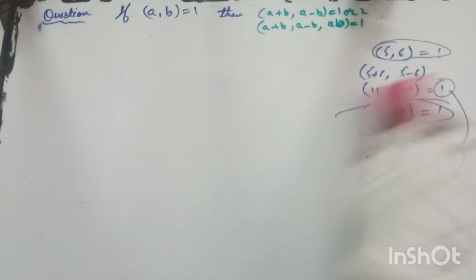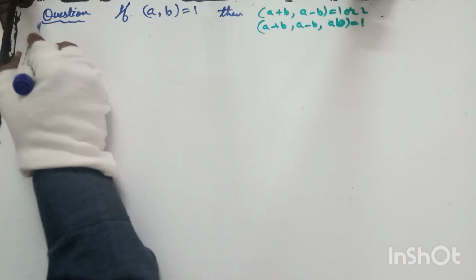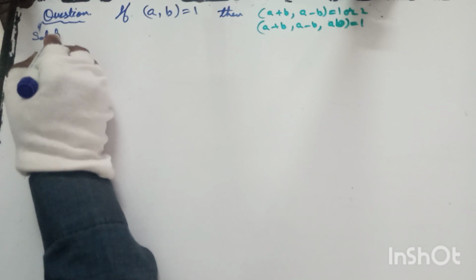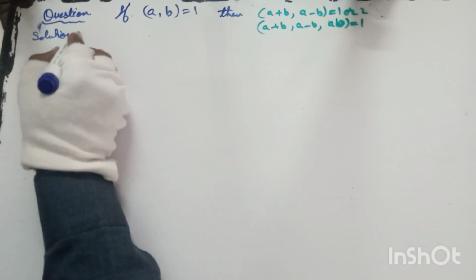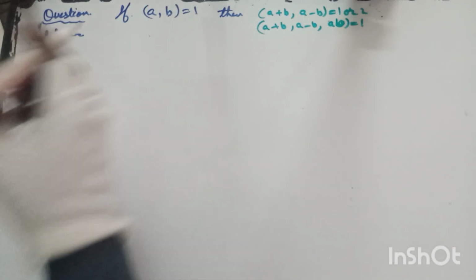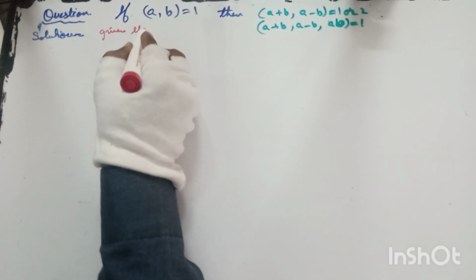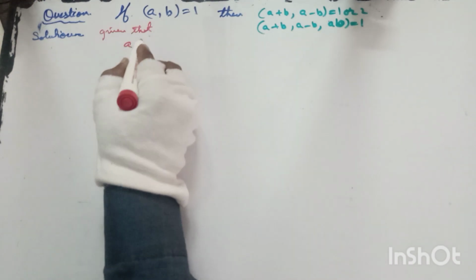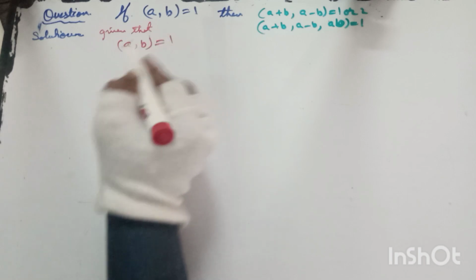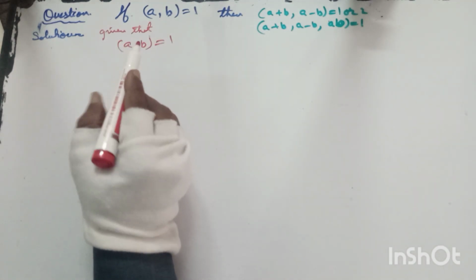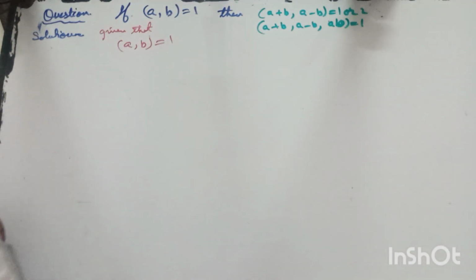Solution. It is given that A and B are relatively prime, having GCD 1.